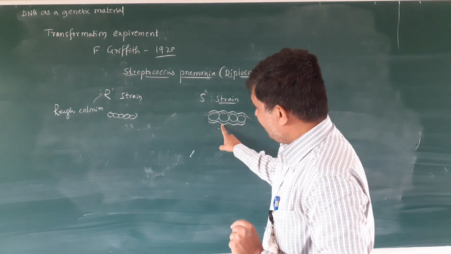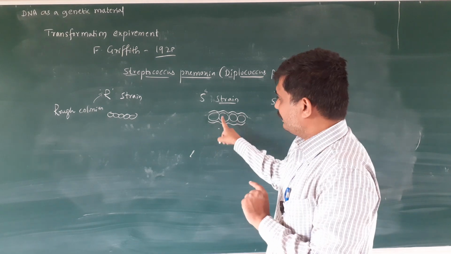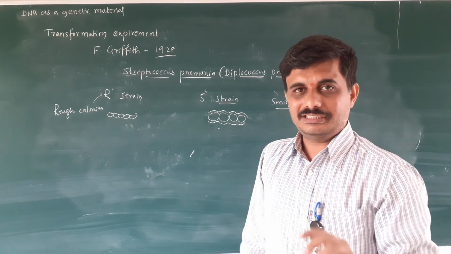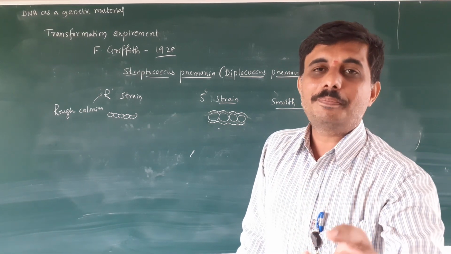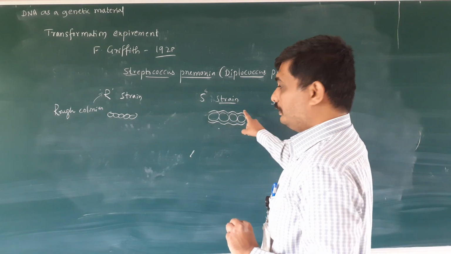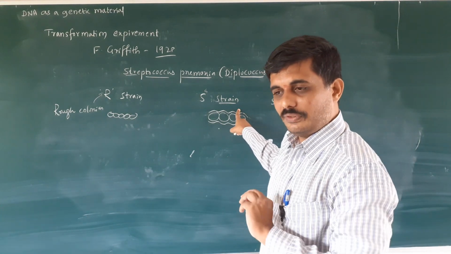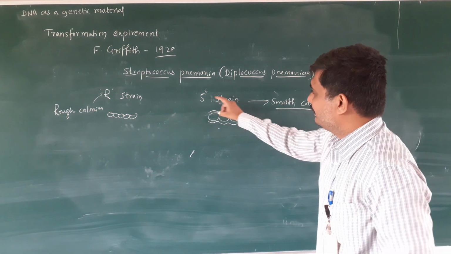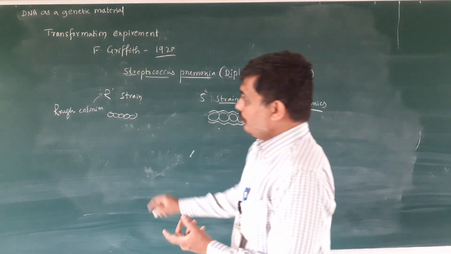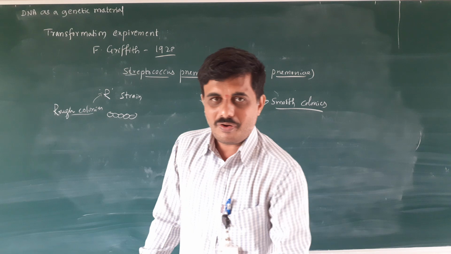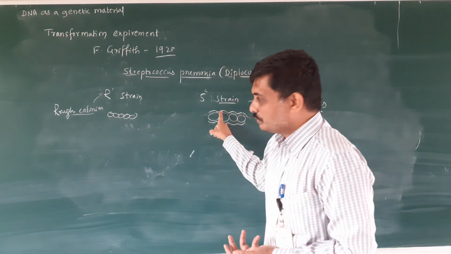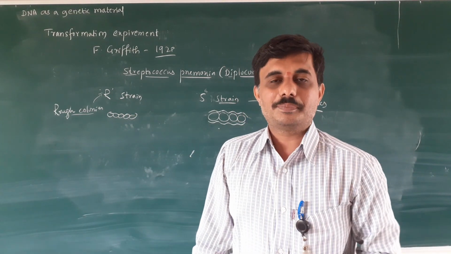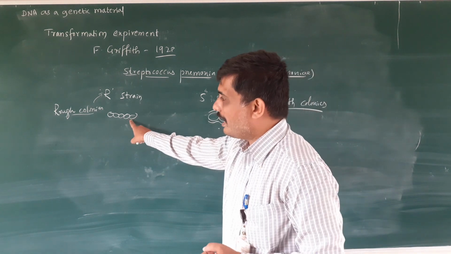One has a capsule, or mucilaginous sheath, surrounding it, made up of a polysaccharide, and produces a smooth colony on the media. It is called the S strain. The other strain does not produce a smooth colony because this mucous polysaccharide is absent. It is called the R strain.